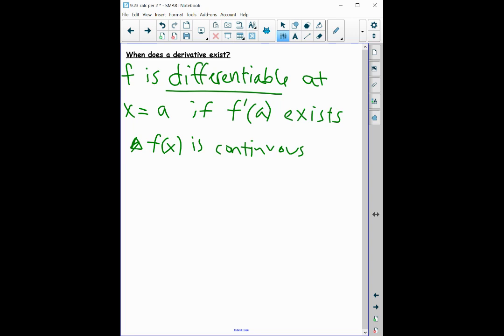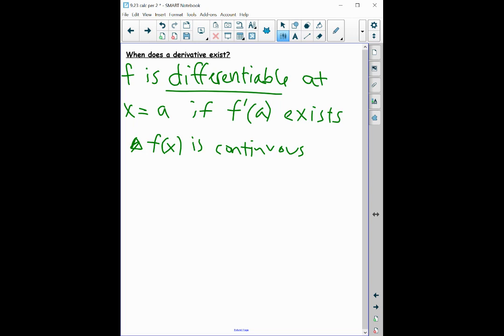Other than that, the derivative is a limit. So the question is, when does a derivative exist? It's really saying, when does a limit exist? Do you remember how to prove if a limit exists at a given point? I'm going to give you about 20 seconds to think it over. Pause me if you need to.